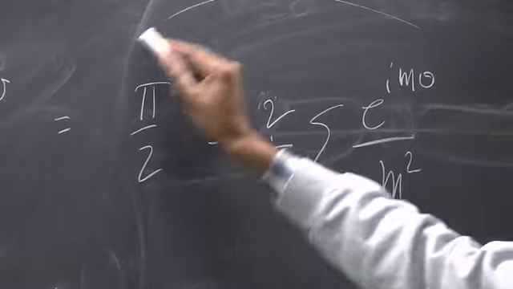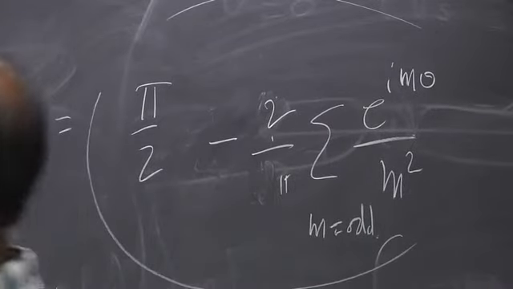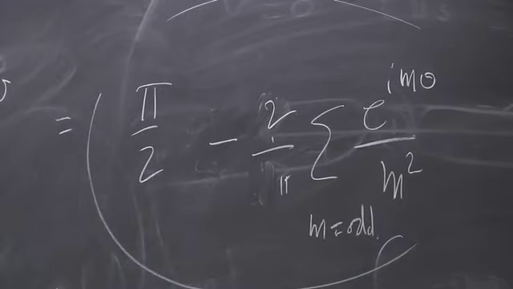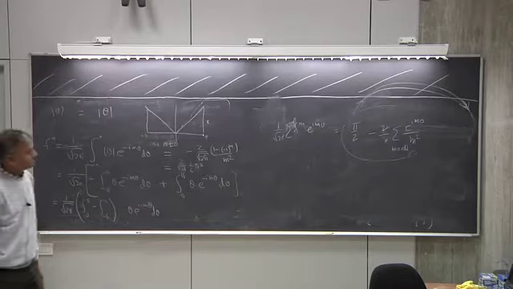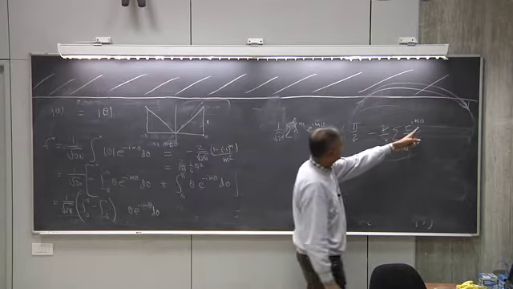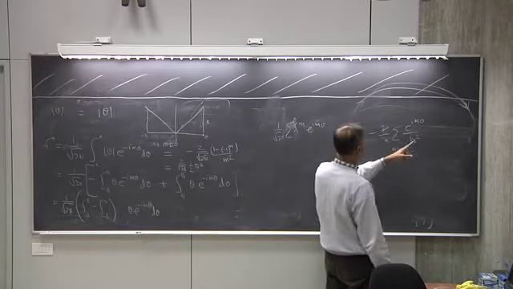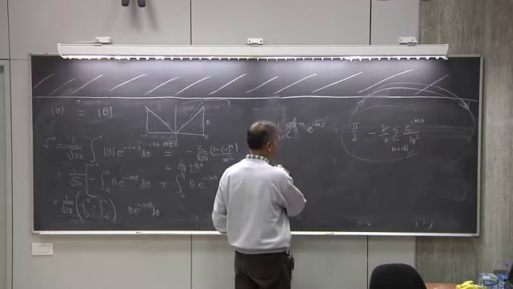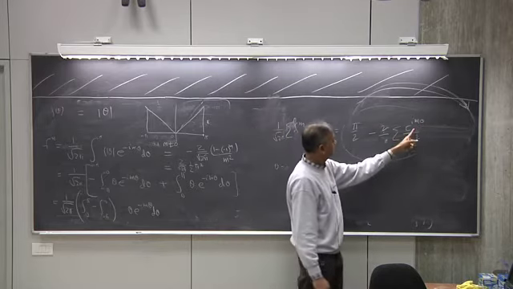So the question is whether this whole thing now becomes equal to that or not. In particular, let's look at the theta equal to 0 term. Theta equal to 0 simply makes the exponential 1.